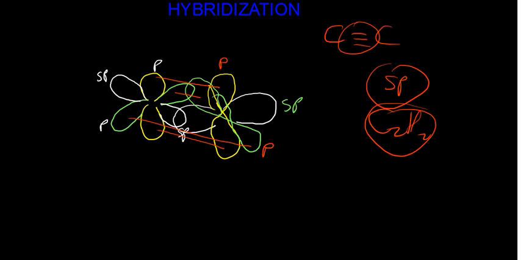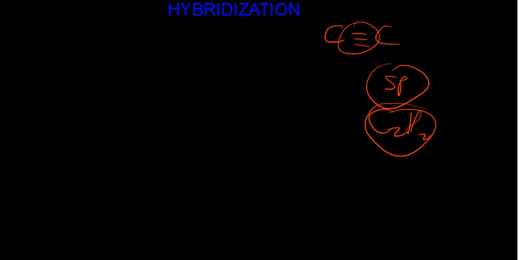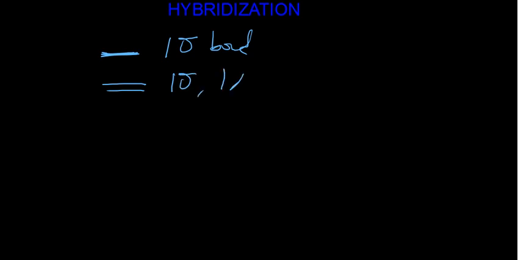Another thing maybe we need to understand is when we are talking about hybridization, whenever we see a double bond, a single bond, what does it mean? So a single bond always has one sigma bond. A double bond has got one sigma bond and also one pi bond.